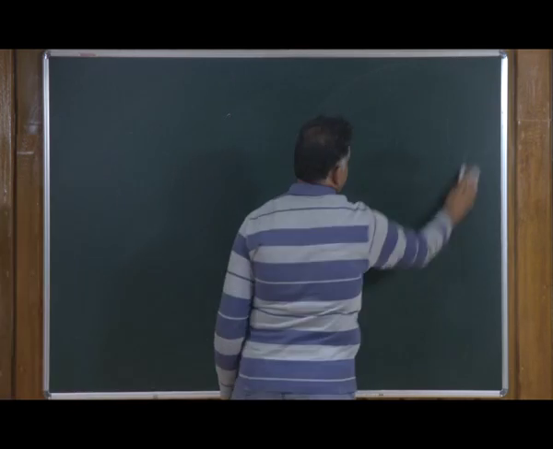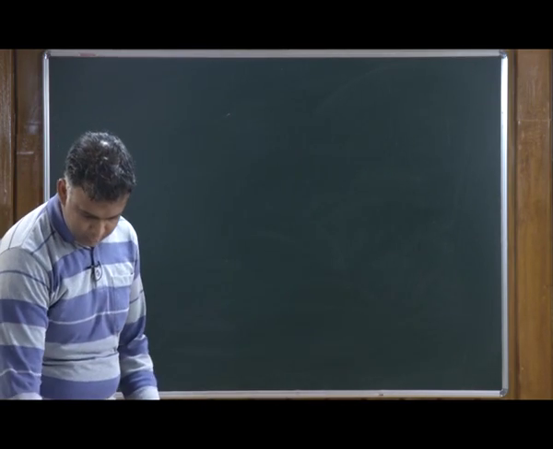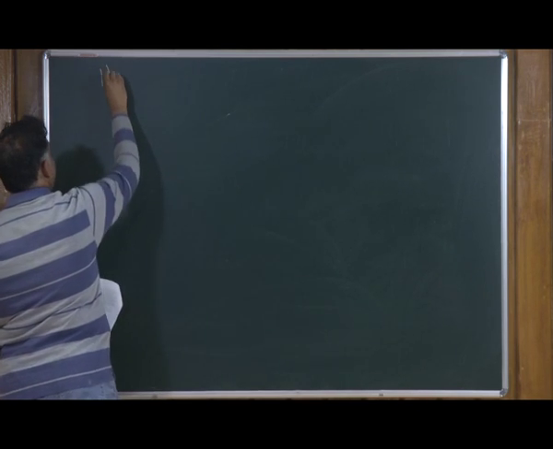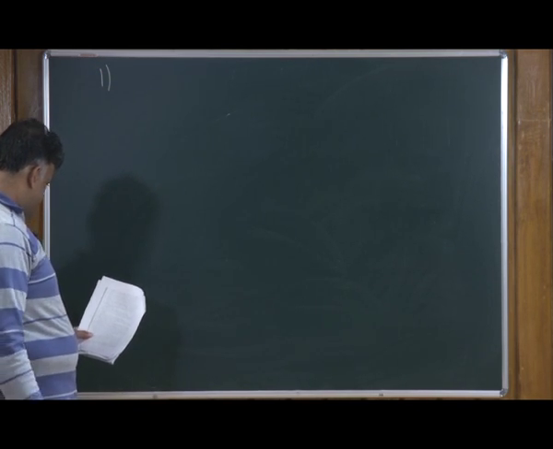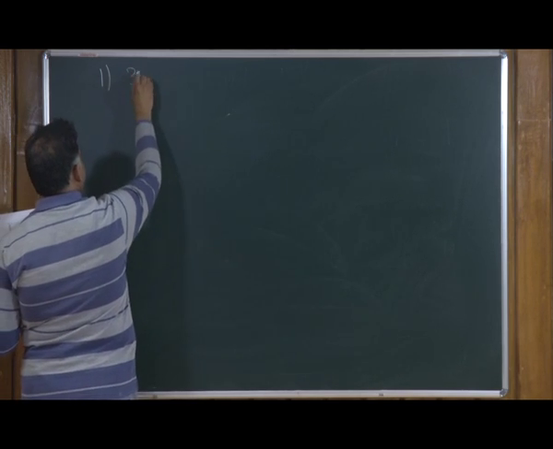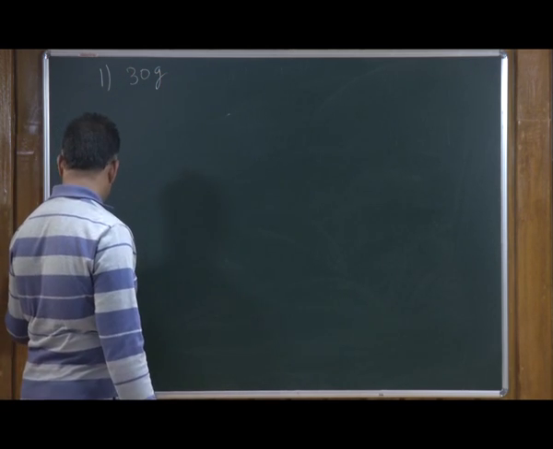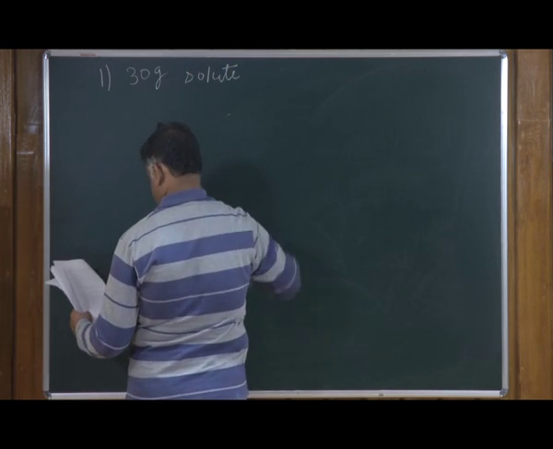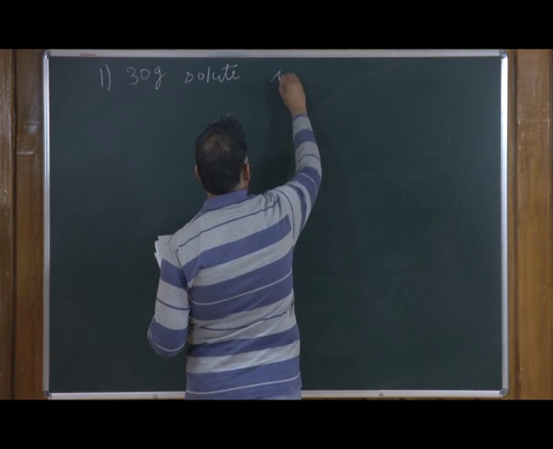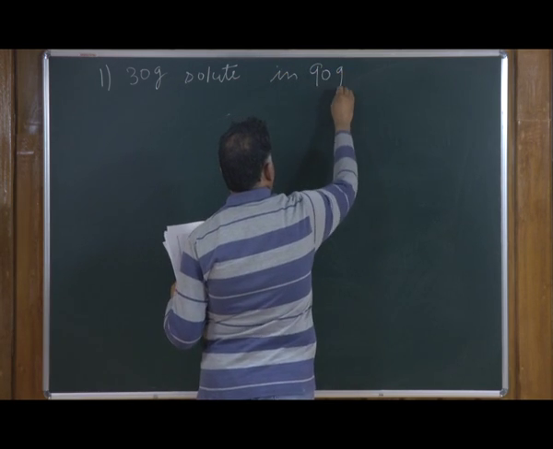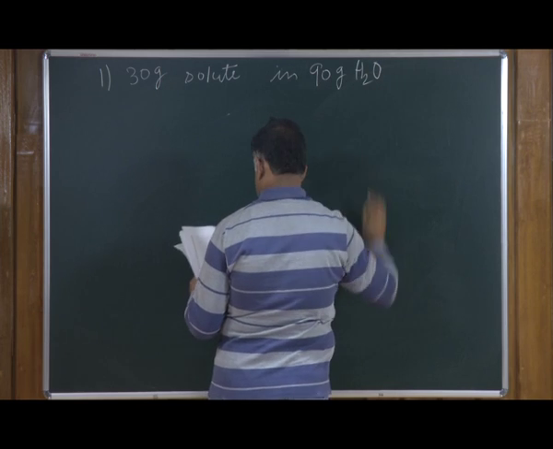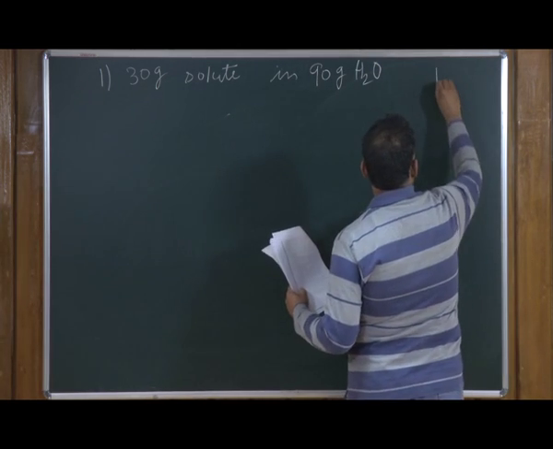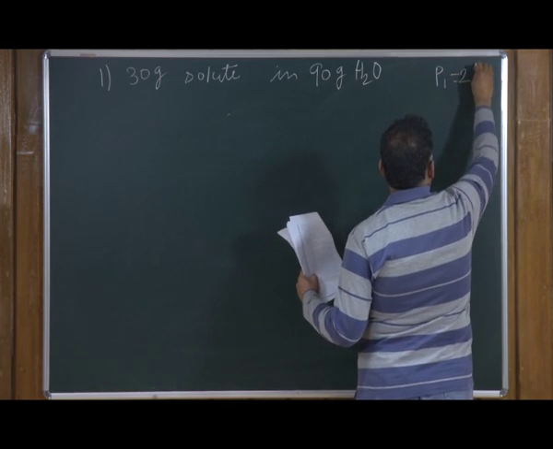Okay. So, basically we have to work with two solutions. The solution 1 is 30 gram of non-volatile solute in 90 gram water, and for this solution the vapor pressure is 2.8 kilopascal.